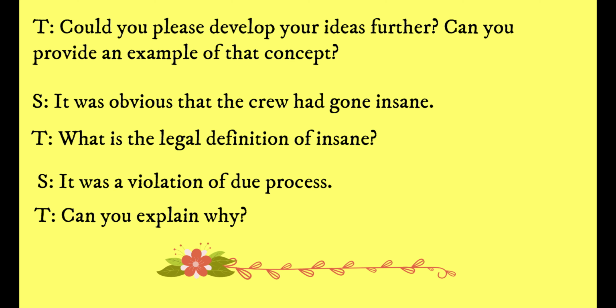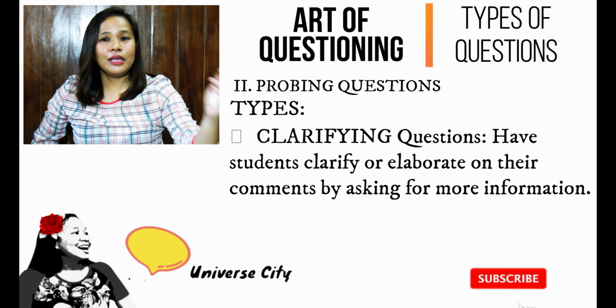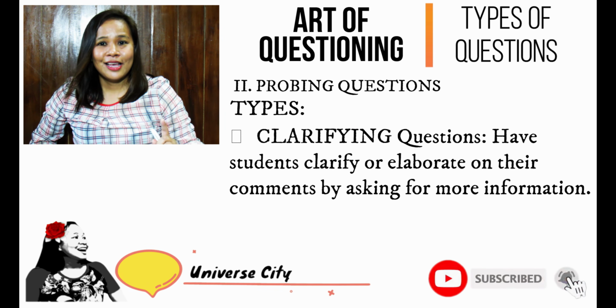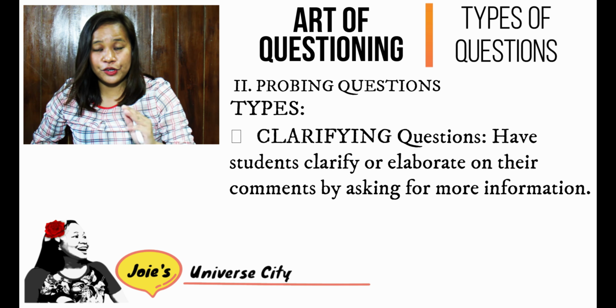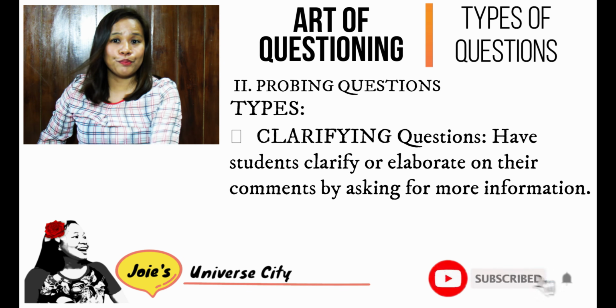So if you take a look at this conversation between the teacher and the students, the students are given enough opportunities to explain the initial answer. And the explanation of the students will be based on the questions given by the teacher. So imagine how important the questions are for students to elaborate their points.